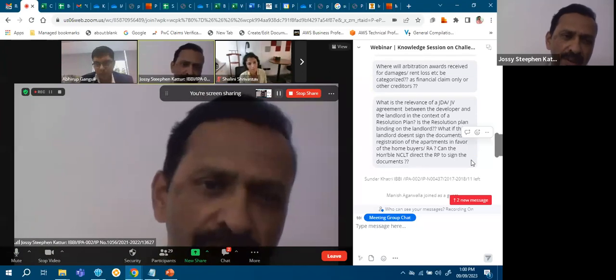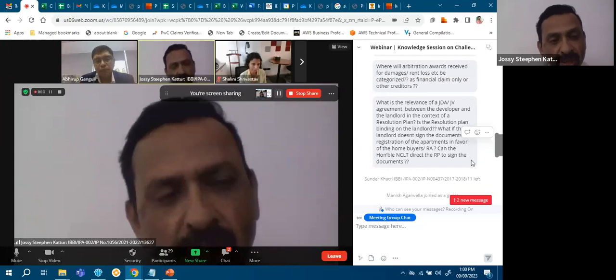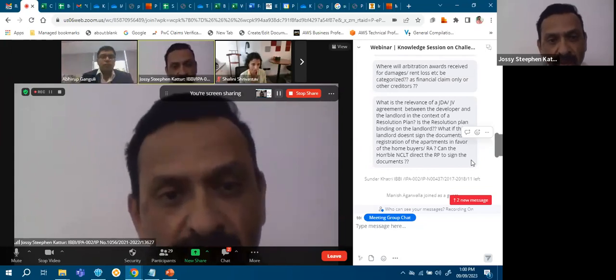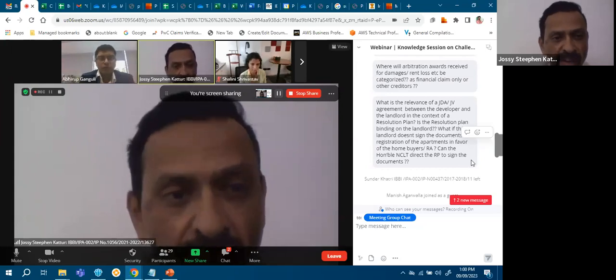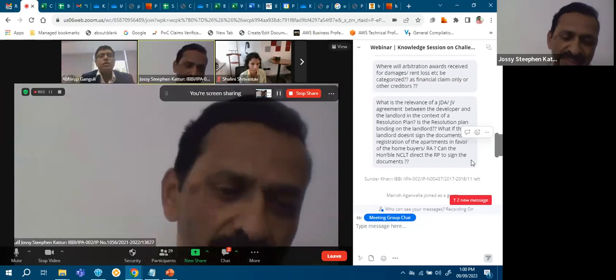In that case, what will the RA do? Will the order from the NCLT have an enforcing power, so that the RA can go ahead and take care of the complete project and do the necessary documentation? What if the landlord is not cooperating, and how will this go ahead? That was my question.